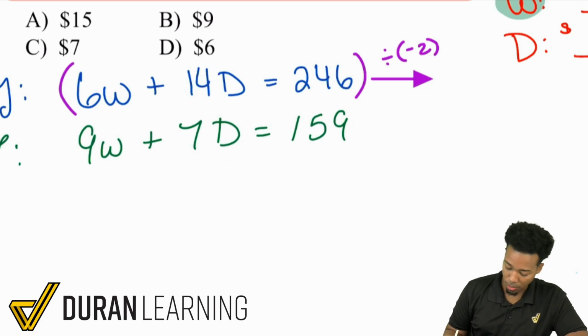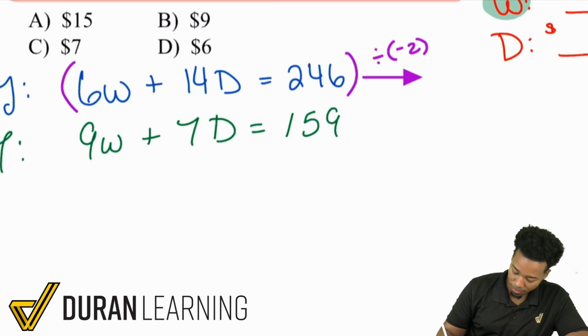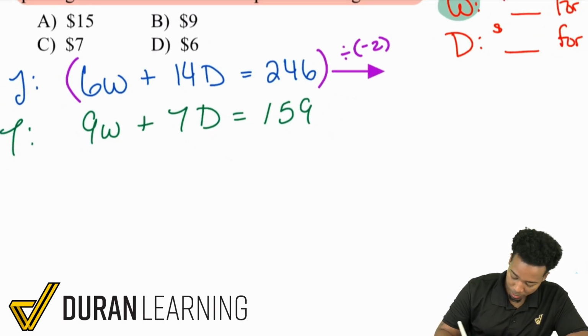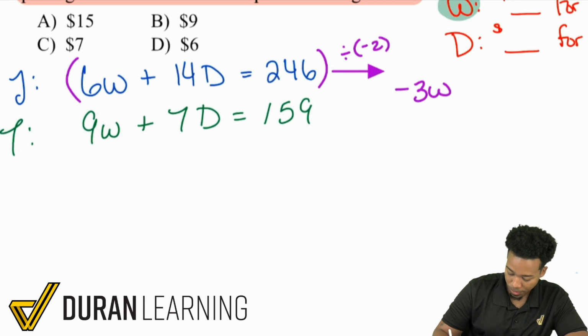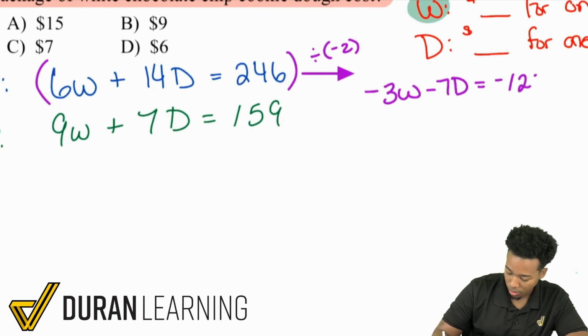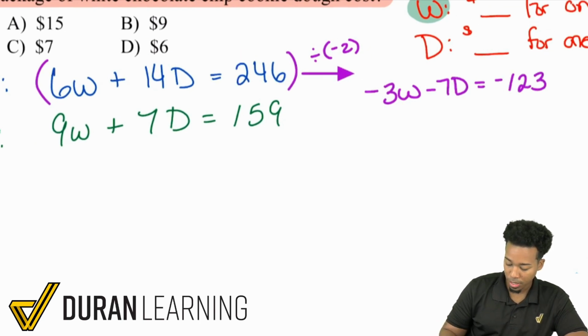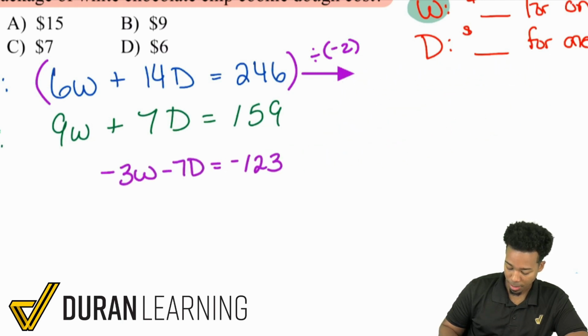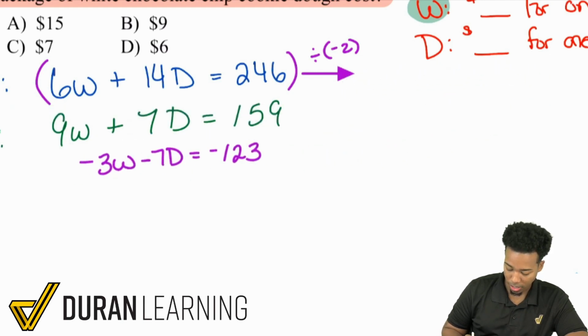So with that said, here we go. 6W divided by -2 is -3W. Then we have 14D divided by -2, so that's -7D. 246 divided by -2 would be -123.